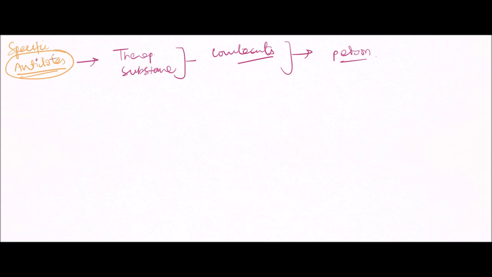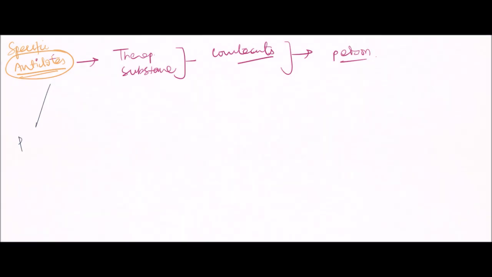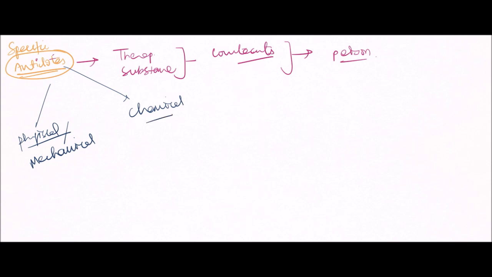Now there are different types of antidotes. Antidotes can be physical or mechanical antidotes. They can be chemical antidotes. They can be pharmacological antidotes.